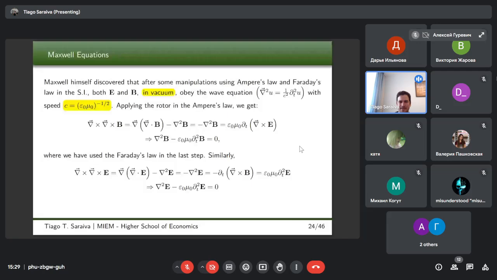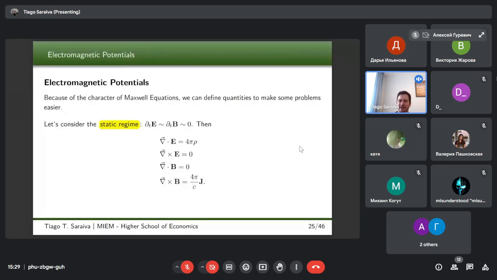But this is when you are in vacuum, right? When you're inside some material, you can have a density of charge and of current, and then the Maxwell equations look a little bit different. So let's check, for example, the static regime, where time derivatives are 0. The time derivative of the electric field and the time derivative of the magnetic field are 0.